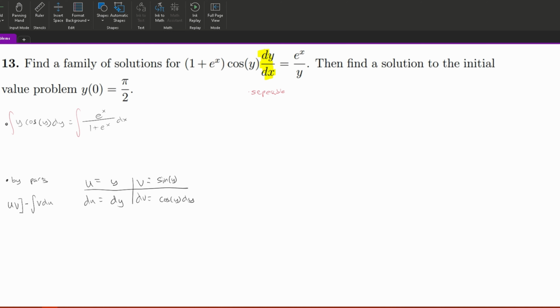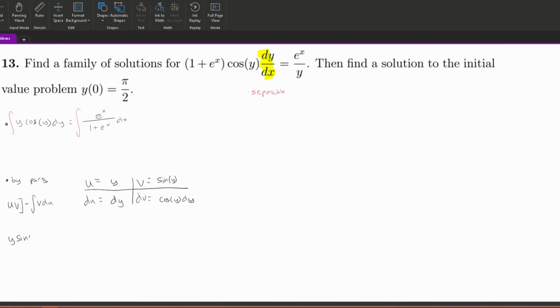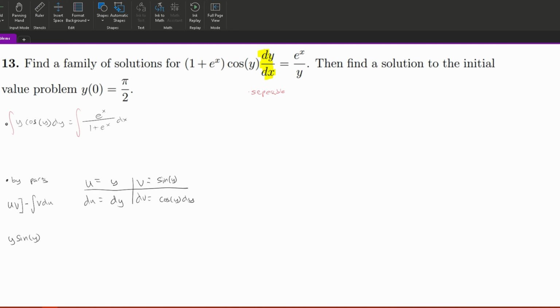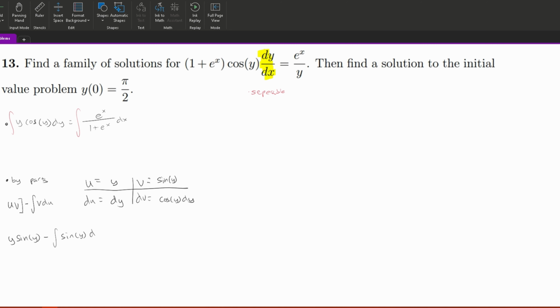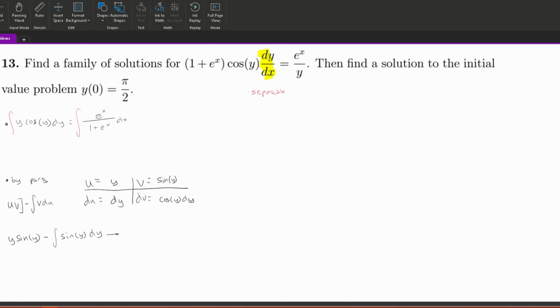So now that we have the following, we are going to easily be able to substitute this back in. So we have y times sine y. We don't have any limiting factors, so we're not going to plug anything in there. We have minus the integral of sine y dy. Now from here, we're just going to keep on going.